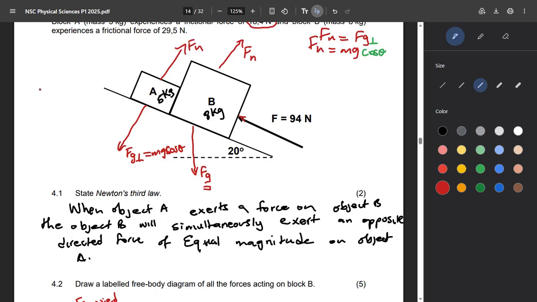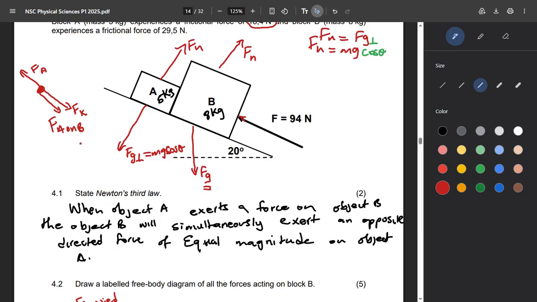So now I'm going to have the F applied going up, understand? And then we said the frictional force will go down. And then on block B, we also mentioned the force of A on B. So my question is, are these the only forces that are acting on B?